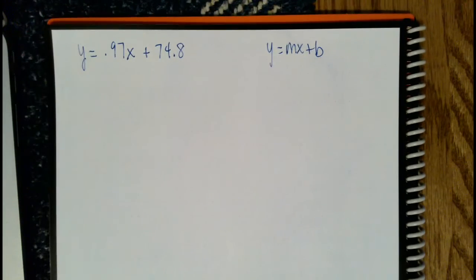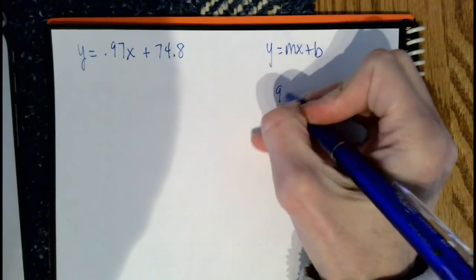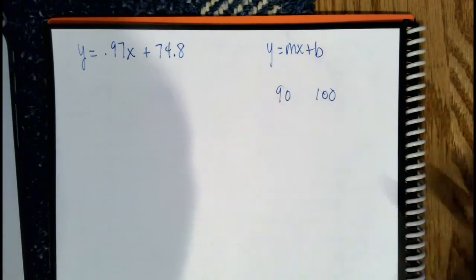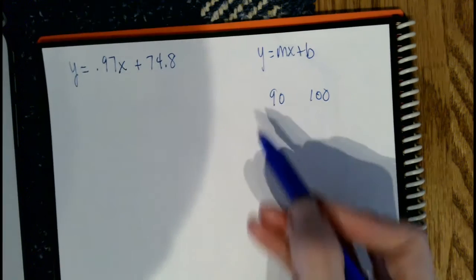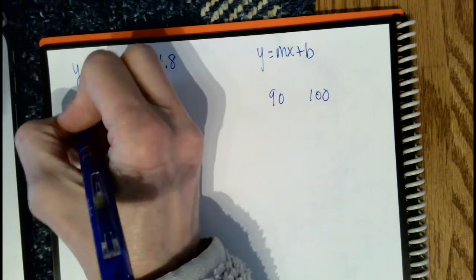I do need to go back and look at Edmentum, but it says, based on this model, if there are between 90 and 100 delayed flights, then the coffee shop should be prepared to sell between. Well, what we're going to do is take this 90 and put it back into the equation.